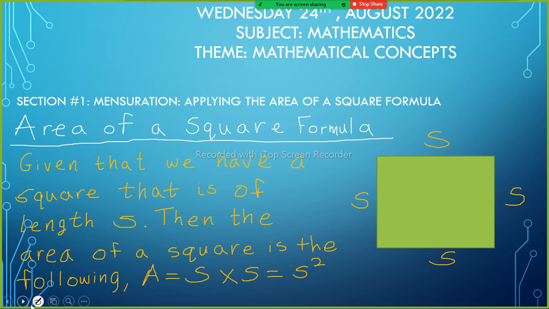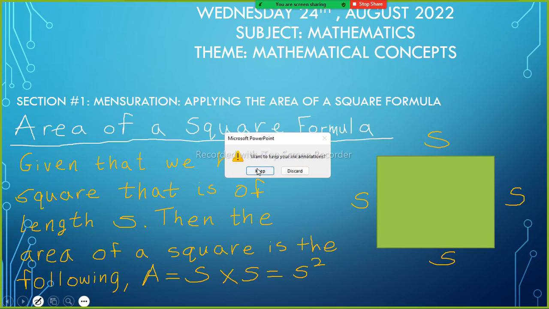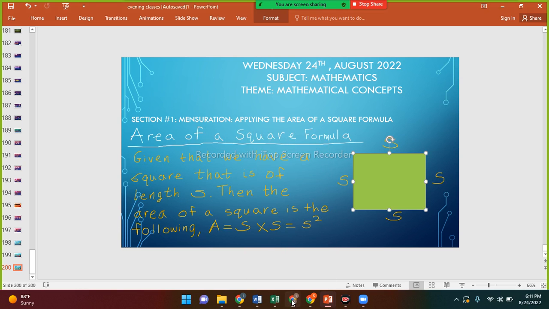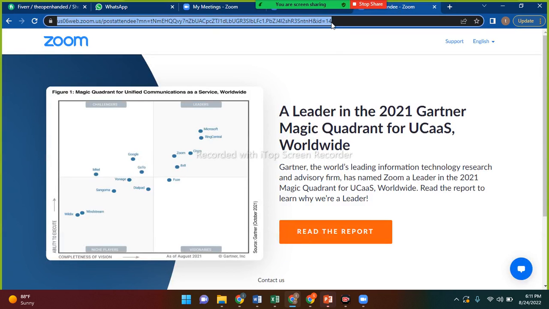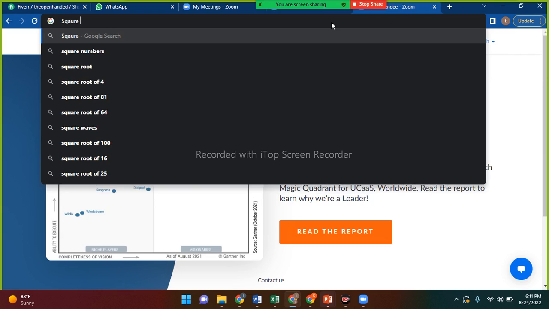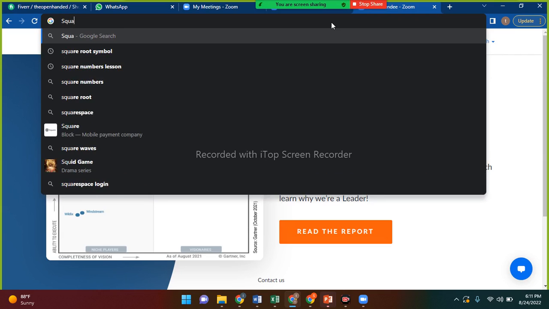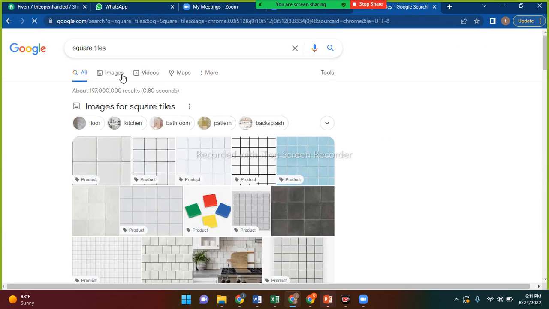Okay, so let's say for example, we're going to apply the area of a square to an example involving square tiles. See if we can find some good examples, some good pictures of square tiles.